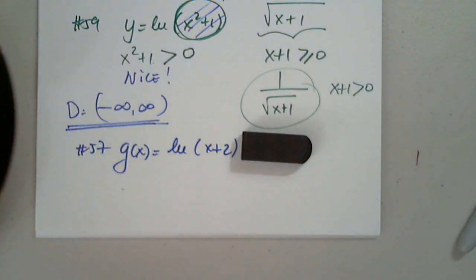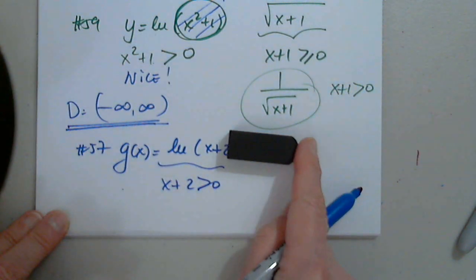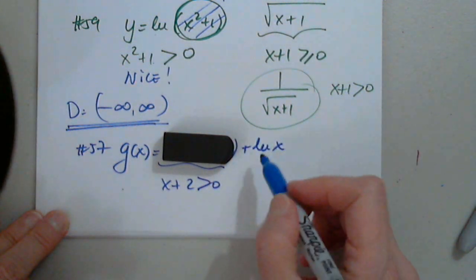So let's look at the first one and tell me what condition I have to write. For this piece to exist, what is the condition that I have to write? X plus 2 has to be greater than 0. That's it, of course. For this, x plus 2 has to be greater than 0. Now what about for this?